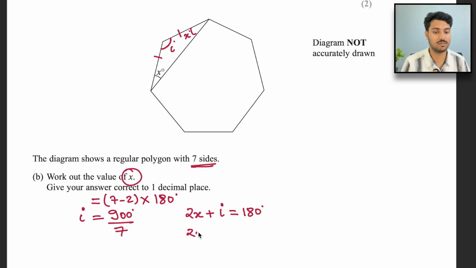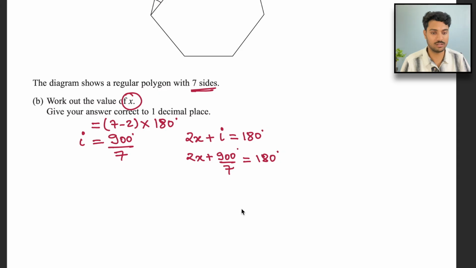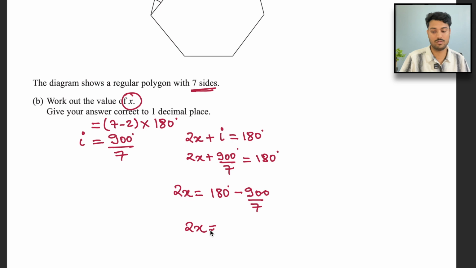So 2x plus 900 degrees divided by 7 equals 180 degrees, and we'll extend the calculation now. So 2x equals 180 degrees minus 900 by 7. So 2x will be 180 minus 900 divided by 7, which is 360 degrees by 7.